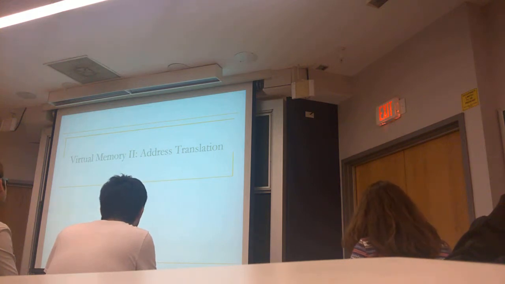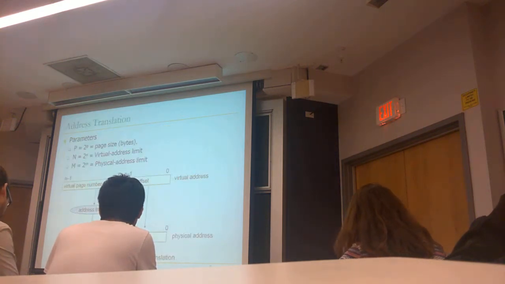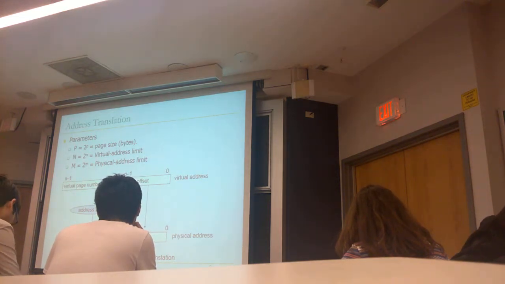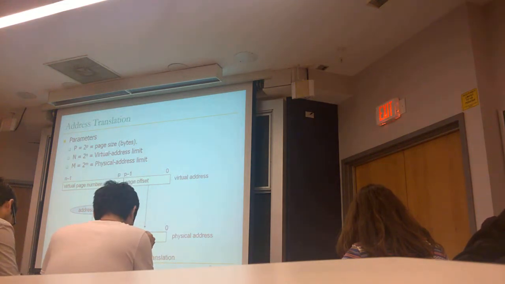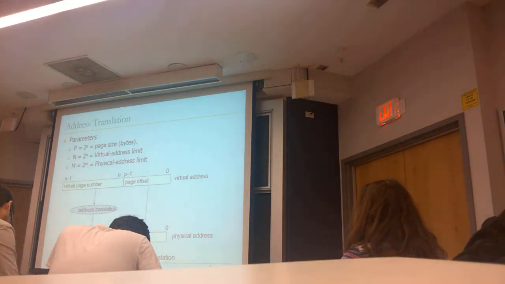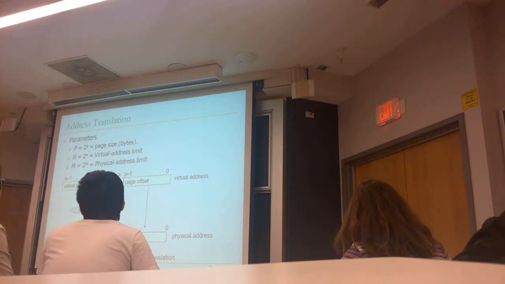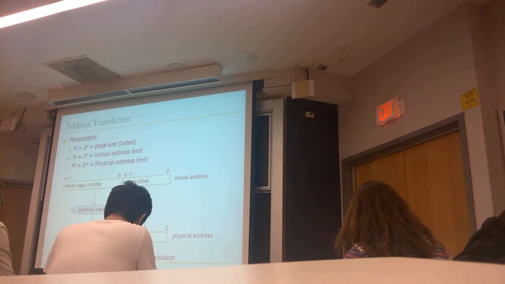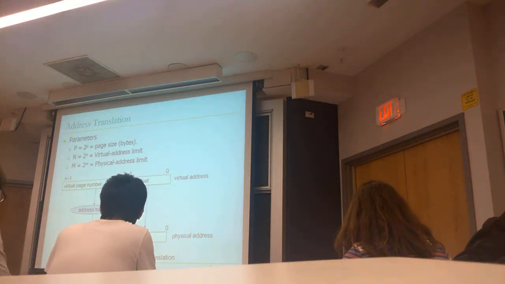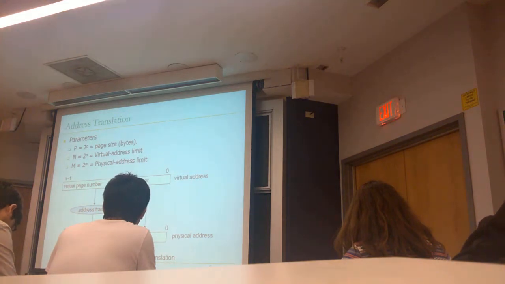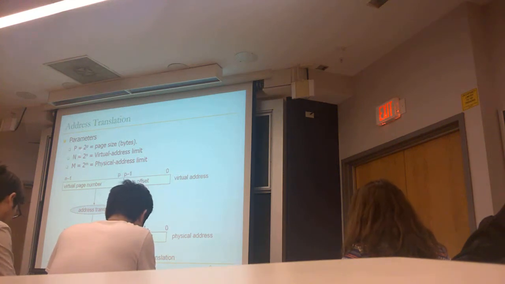And for memory part 2 is address translation. This is the model of address translation. P is defined as the size of the page, N is the virtual address limit, and M is the physical address limit. Once we know the page size, for example, 64K per page, then we can calculate the value of P, right?